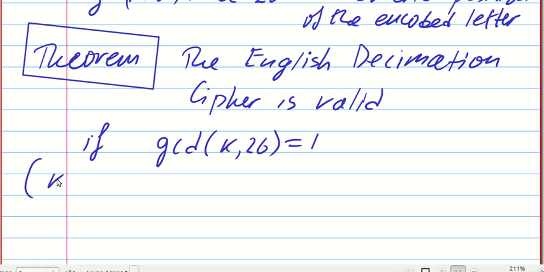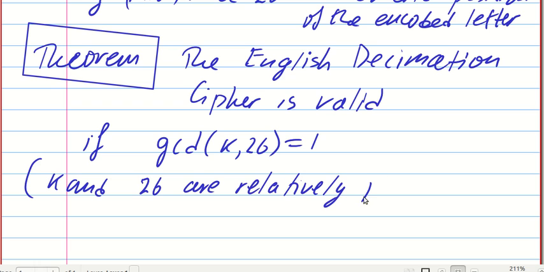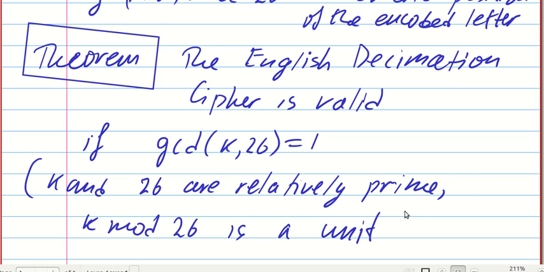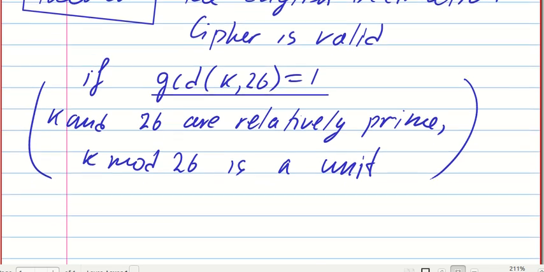In other words, k and 26 are relatively prime, or k mod 26 is a unit. These are all expressions that say the same thing.